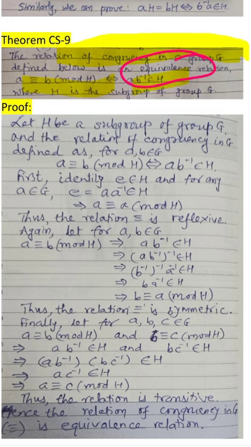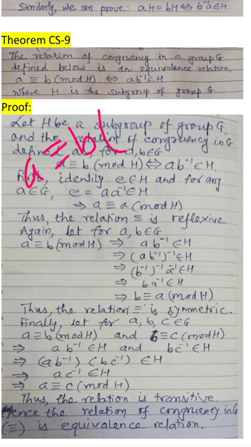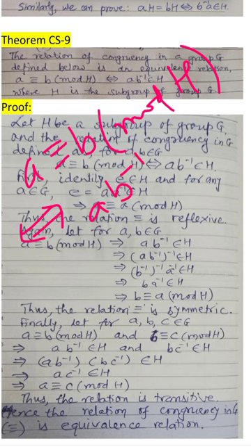So we are given that H is a subgroup of group G, and the relation for two members A and B in G, A is congruent to B modulo H, is defined as AB inverse is the member of H, is an equivalence relation.